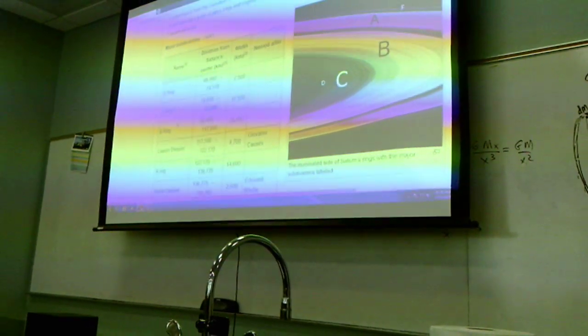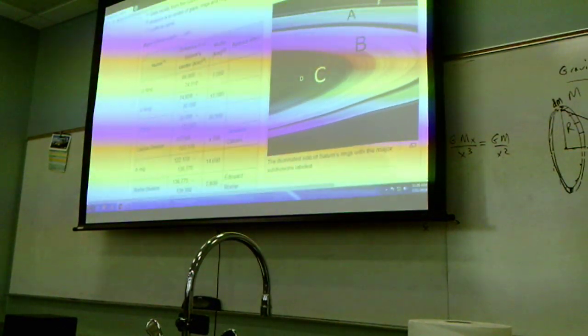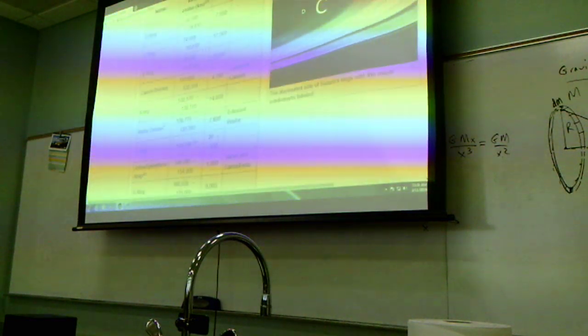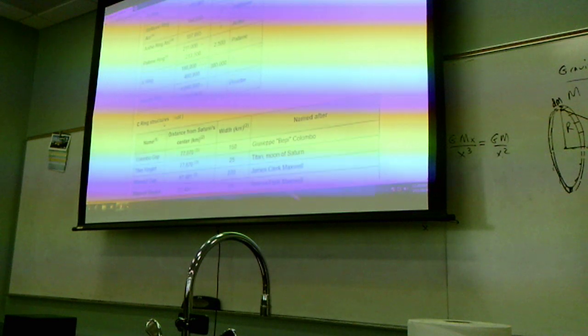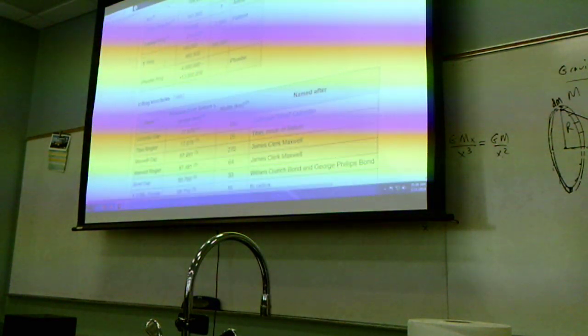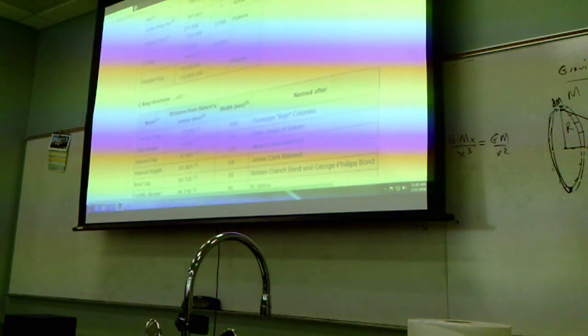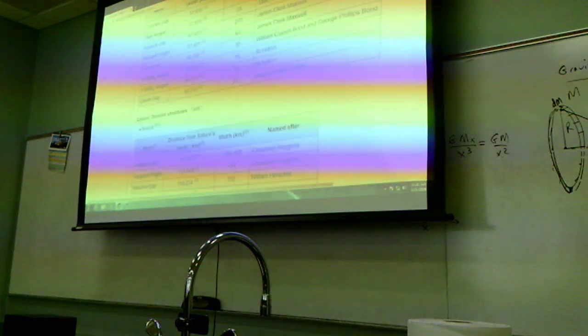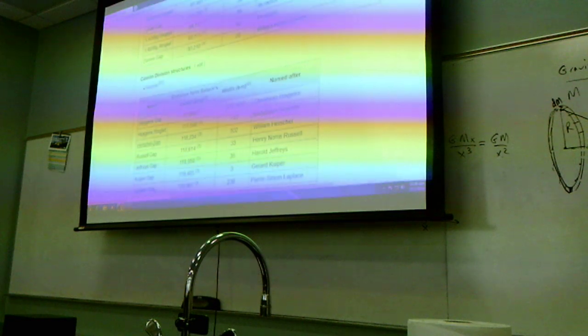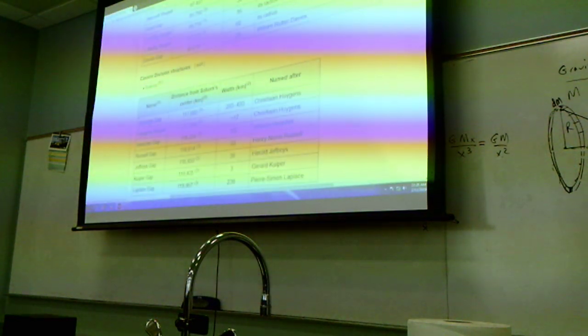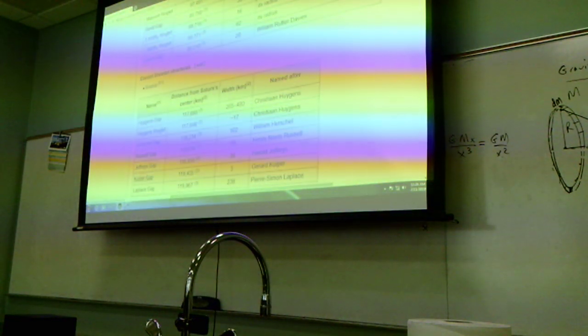D-ring, C-ring. So let's just take, for example, one of the rings. All these gaps, right? The Huygens gap, the Russell gap, the Kuiper gap.